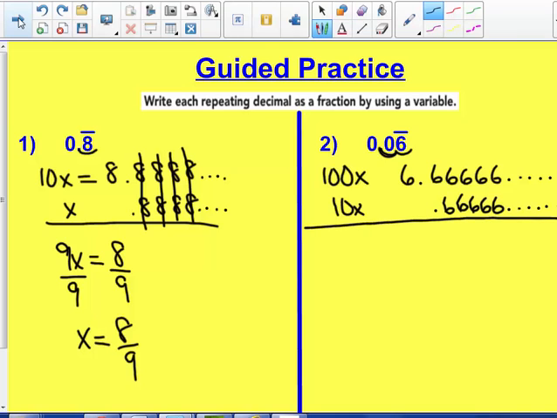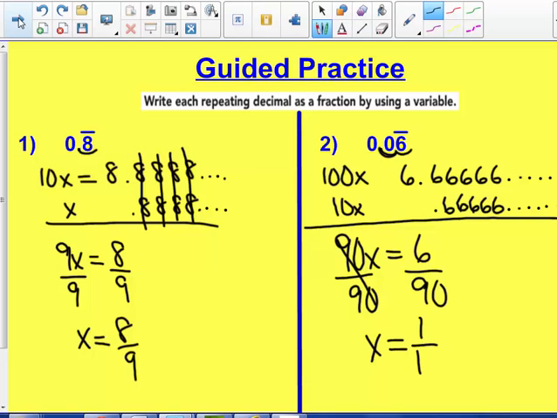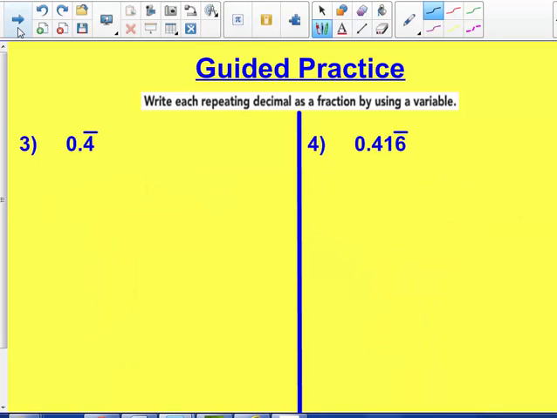Oh, and there's the bell, so I gotta stop. 90x equals 6. Bye, homeroom. Divide by 90. Putting this into lowest terms, I get x equals 1/15. 1 divided by 15 is that repeating decimal.